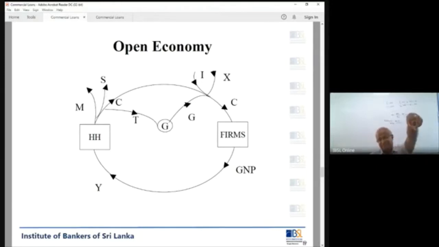The rest of the world sector is there. Goods going to the rest of the world are exports. Goods coming from the rest of the world are imports. So this model is a 4-sector model: household sector, government sector, business sector, foreign sector.